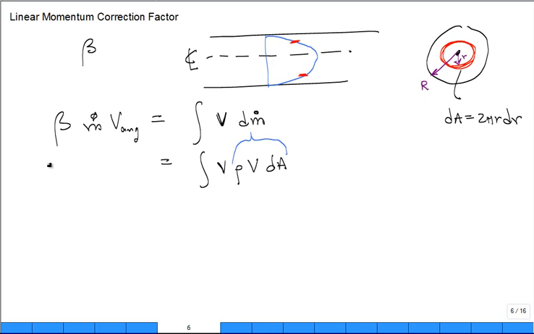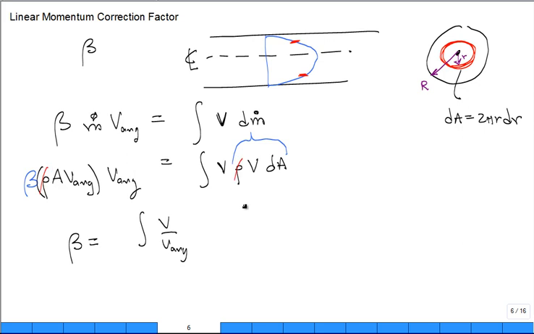So at this point, we're looking for beta, and we replace the mass flow rate as rho, the area, V average, and we had V average there. So we find that our equation for beta is equal to the integral, and we'll bring one of the V averages across. The rhos will cancel. Put another V average over there.